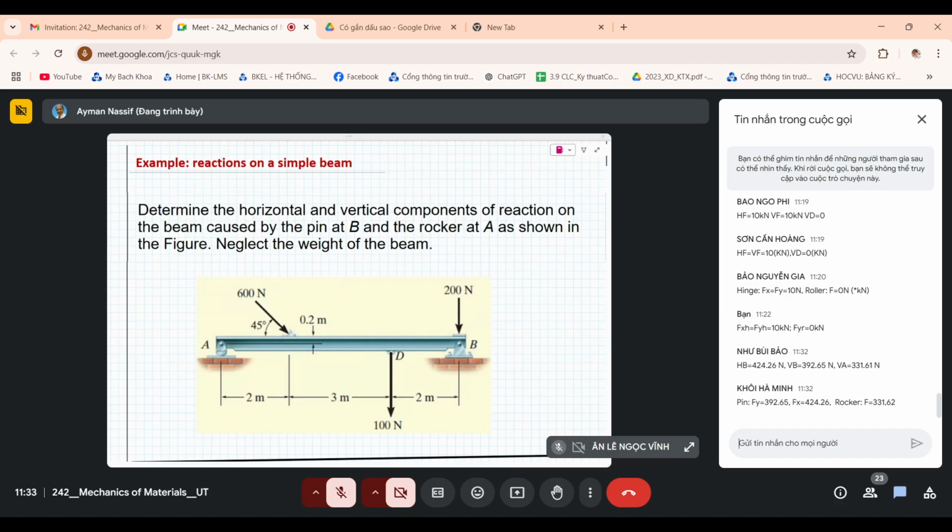So just a couple more minutes for more colleagues to give solutions. This is almost like the minimum level you need to be confident with: the same procedure, the same idea for equilibrium and support reactions. We need to understand them and be able to calculate the reactions. I'll wait for you a couple more minutes.